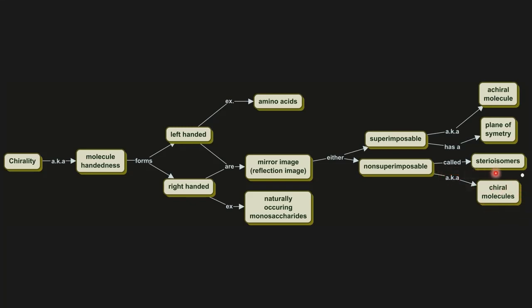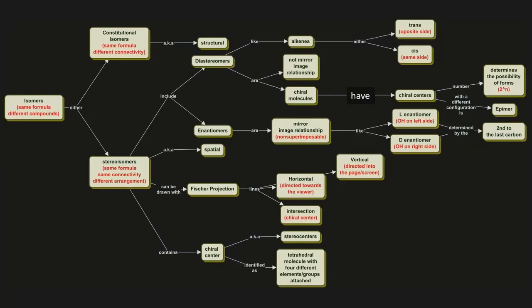These are also called stereoisomers. When we talk about stereoisomers, we have to go back to the original idea of isomerism. Isomers have the same formula but are different compounds, and there are two types of isomers.